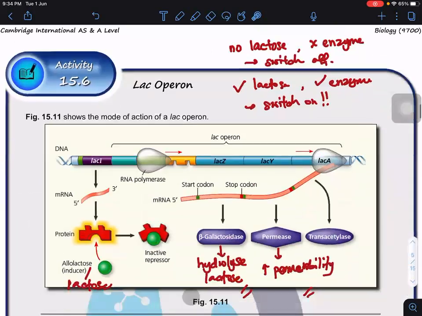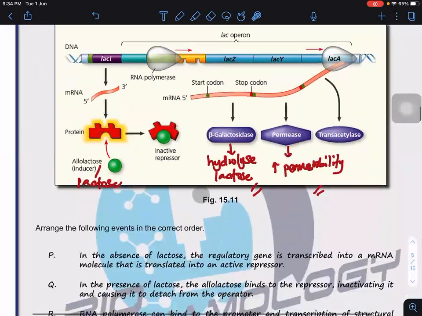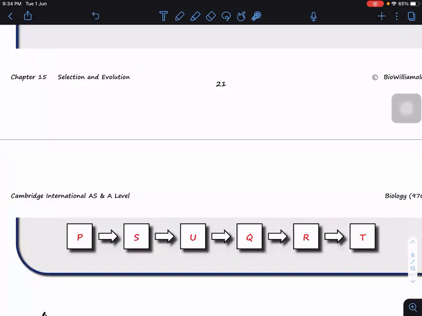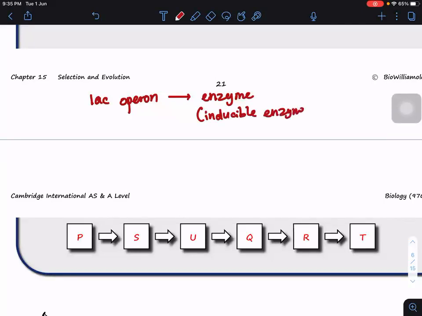So you can arrange the events. I'll show you the answer. Understand this, okay? If you look at the Lac Operon, the Lac Operon codes for the enzyme. This enzyme, we induce it. So we call it an inducible enzyme. What does inducible enzyme mean? Under normal conditions, without lactose, you won't have the enzyme.